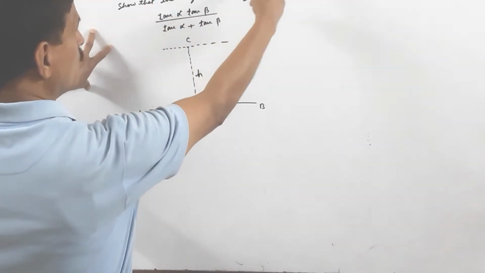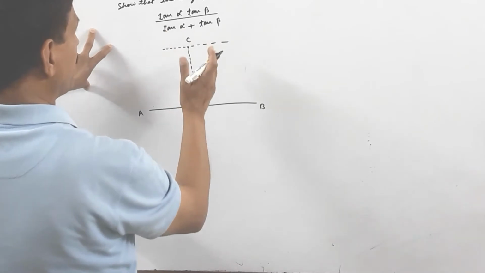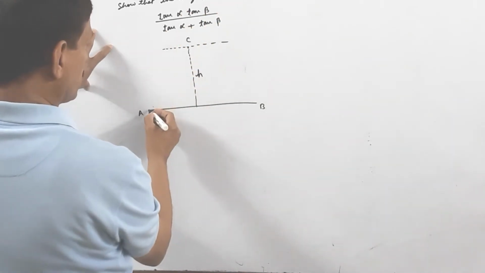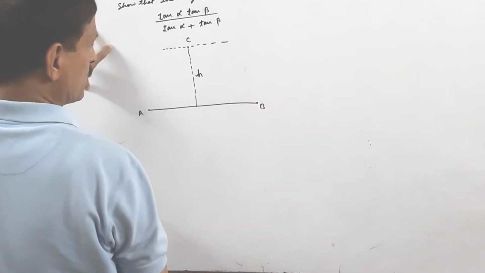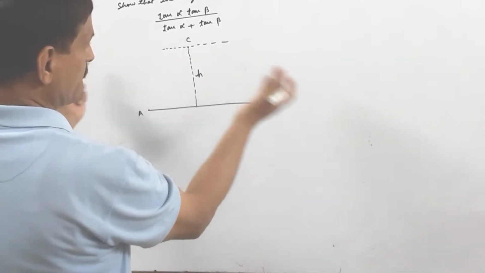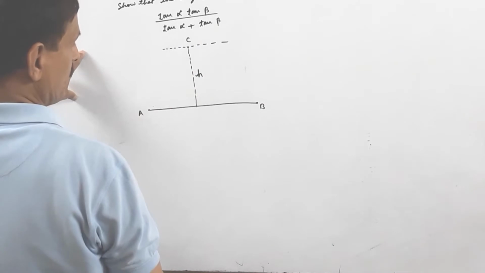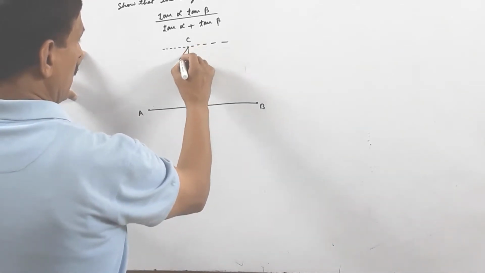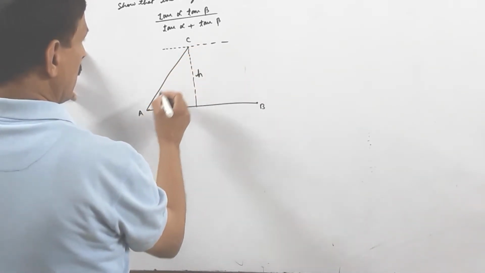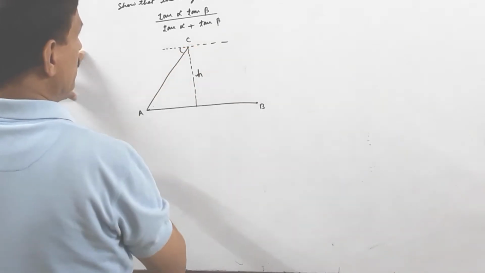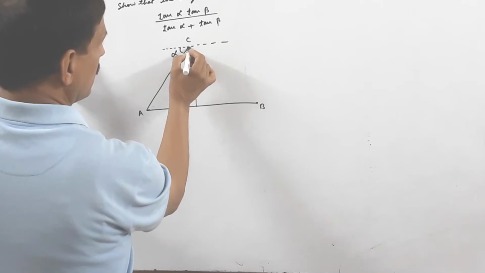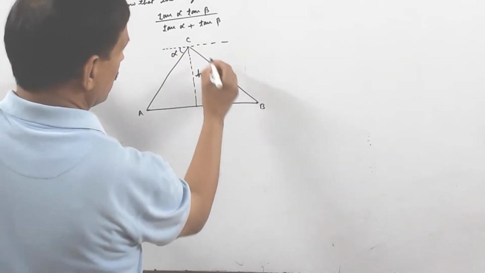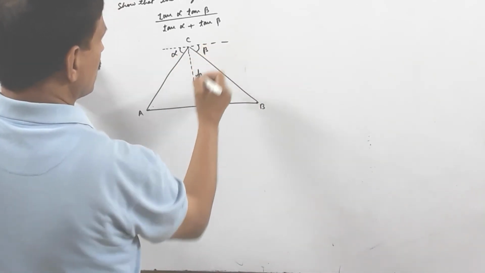Angle of depression of the two consecutive milestones on the opposite side of the aeroplane. So this is one milestone and this is the second milestone on opposite sides of the aeroplane C. This angle of depression is alpha and this angle is beta.